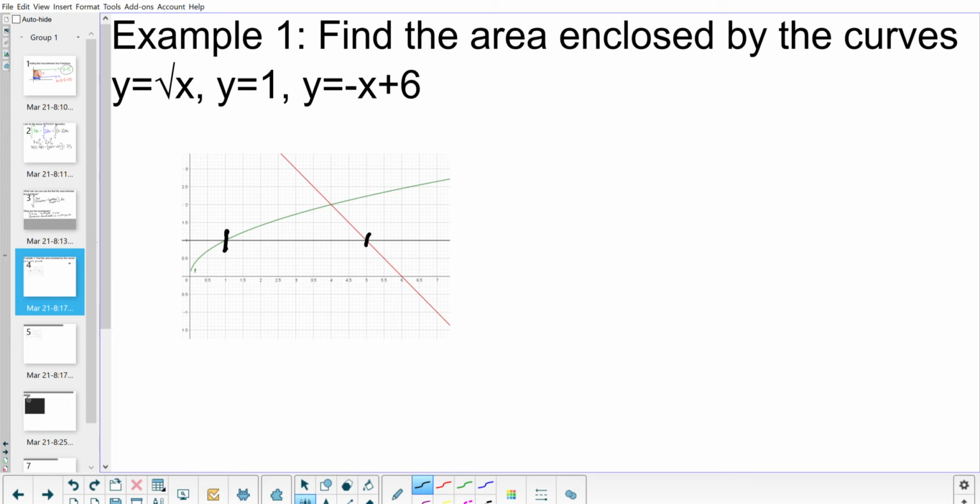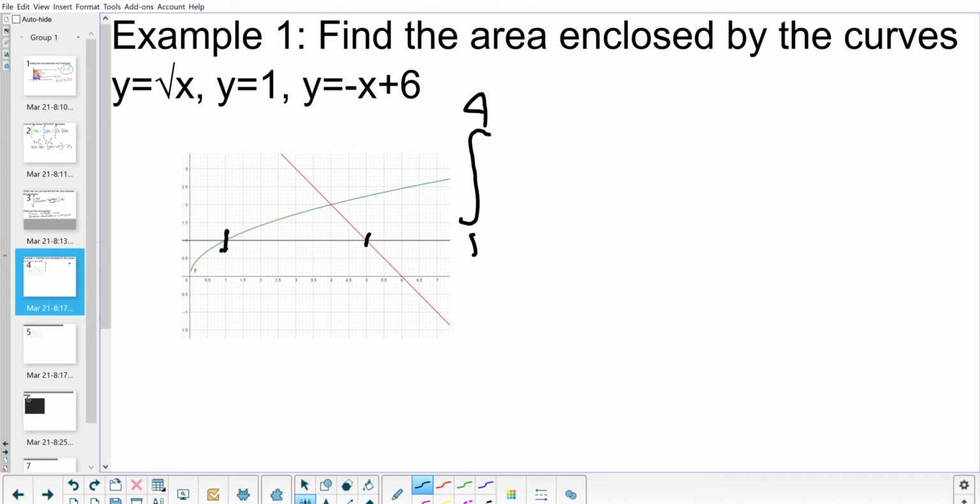So this means we're going to have to split up our antiderivatives. From 1 to 4, it was green over black. So I'm going to start by writing one integral from 1 to 4. And now I'm going to do top function minus bottom function.